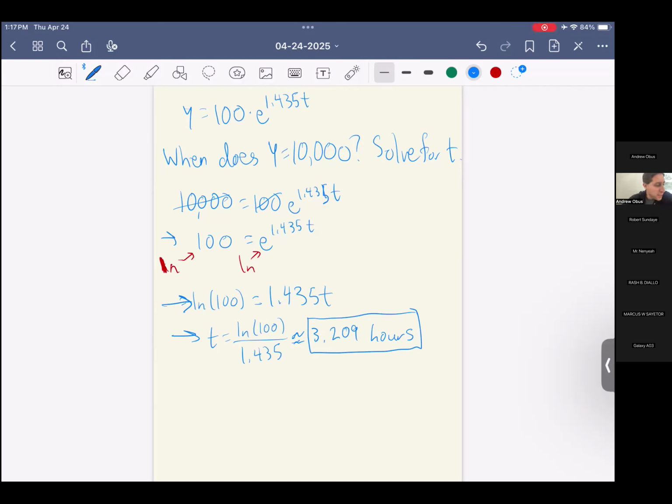It needs about another 12 minutes to get to 3.209 hours, and I'm closer to 13 minutes. Okay, any questions on this?